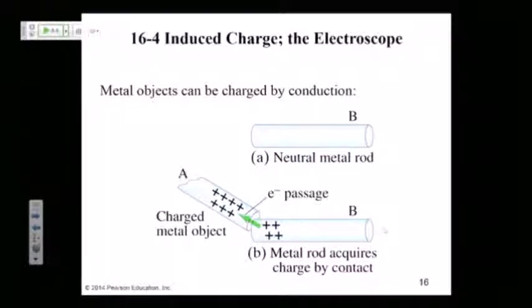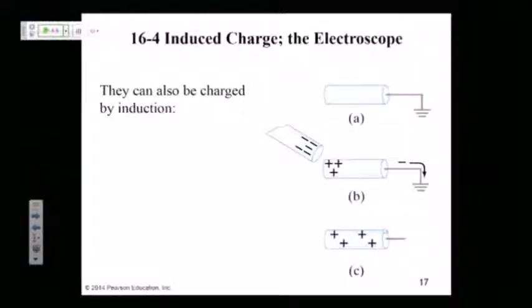In other words, charges are conducted from one metal to another metal. Charging by conduction occurs only when you have conductors or metals. But if you have glass or wood or plastic, it doesn't work that way, because charges cannot move in insulators. So charging by conduction is good when you deal with metals or conductors in general.